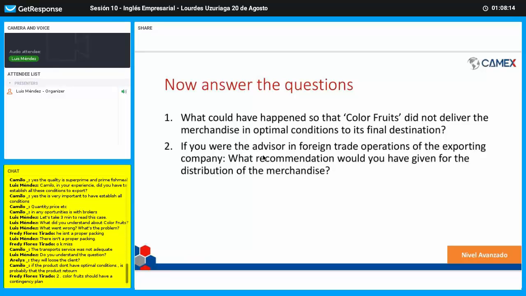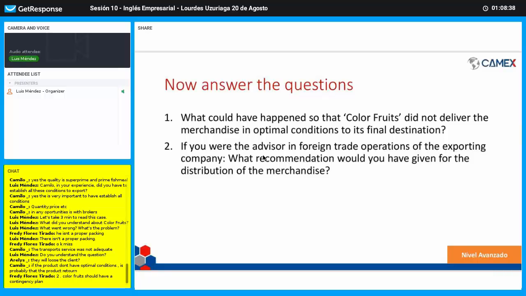Maybe if they would have searched for an answer so they could understand the responsibilities about this, because even if their provider didn't act well, it's Color Fruits' responsibility.